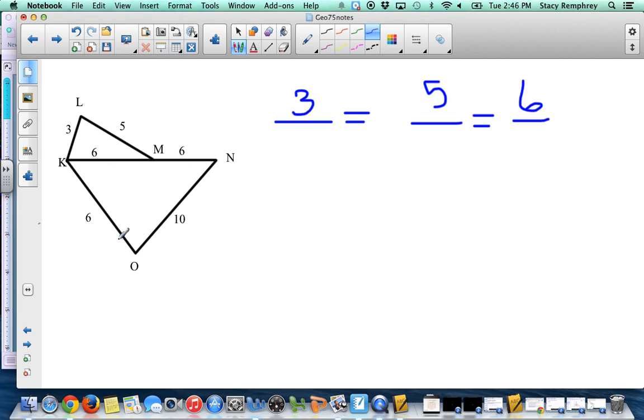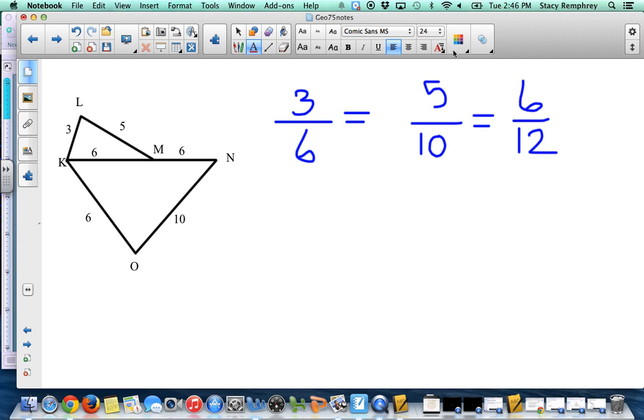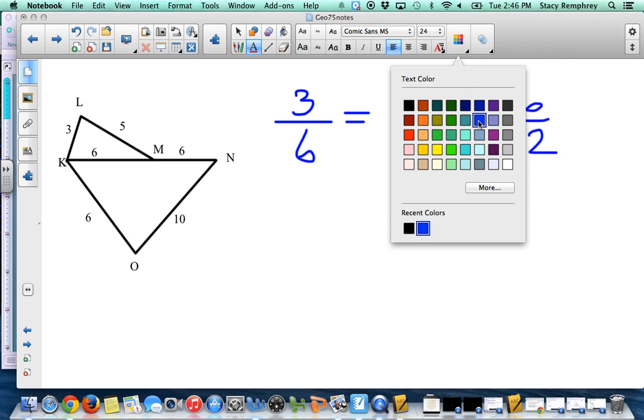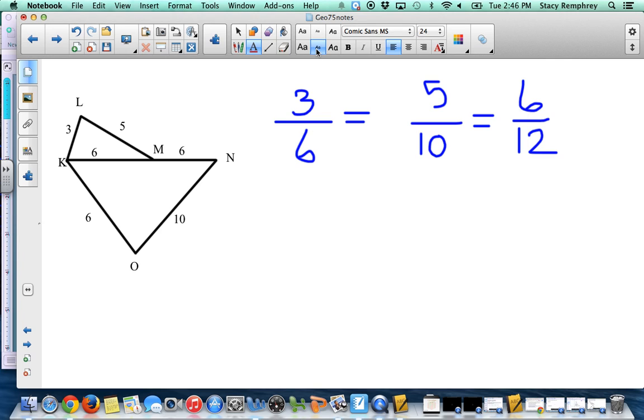So remember, this triangle is 6, 10, and 12. My smallest side is 6. My middle side is 10. And my largest side is 12. Are all of these equal? Yes, they all reduce to a 1/2 ratio. So we do have similar triangles.